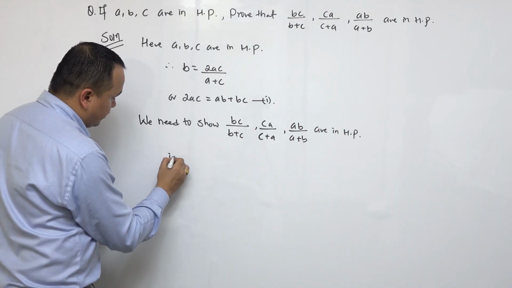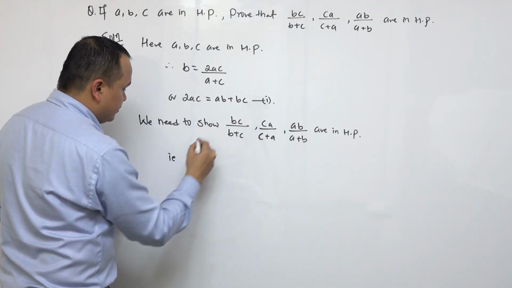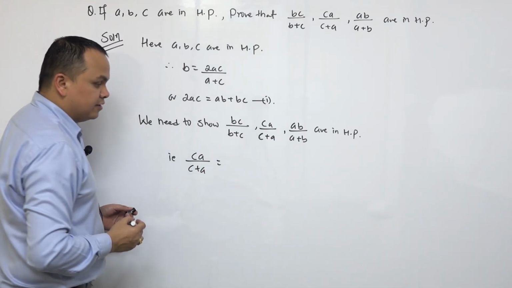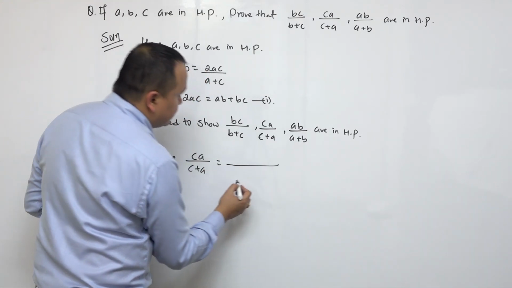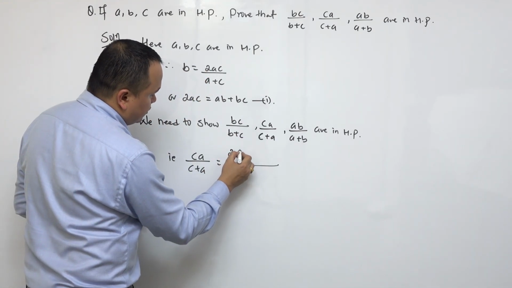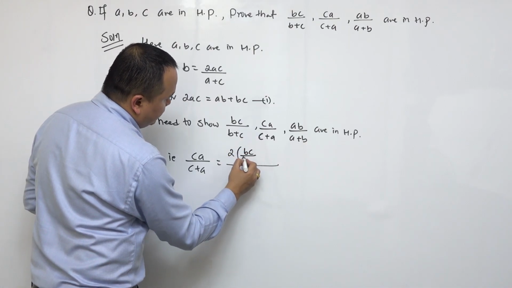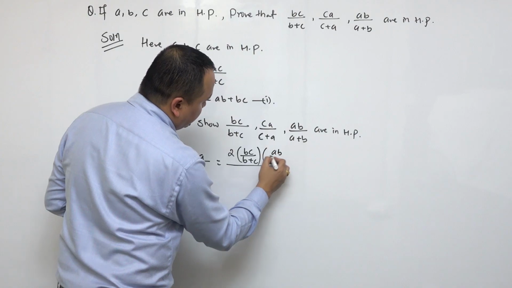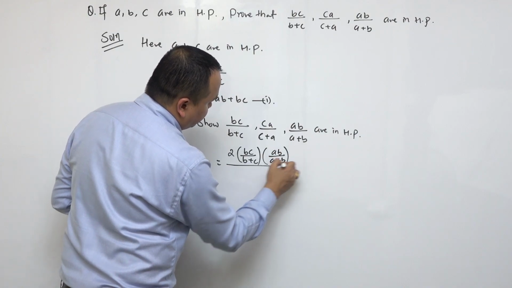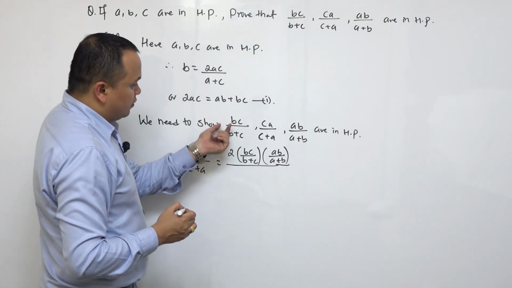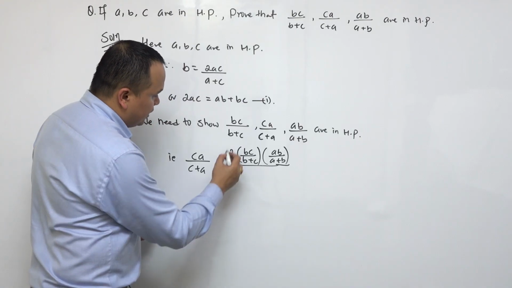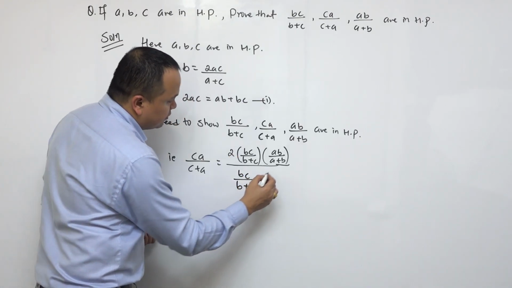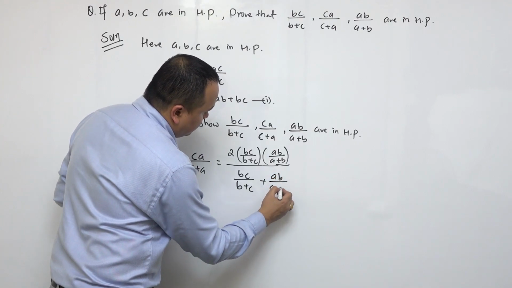That is, the middle term CA upon C plus A is equal to 2 times the product of the first and third terms divided by the sum of the first and third terms: BC upon B plus C plus AB upon A plus B.